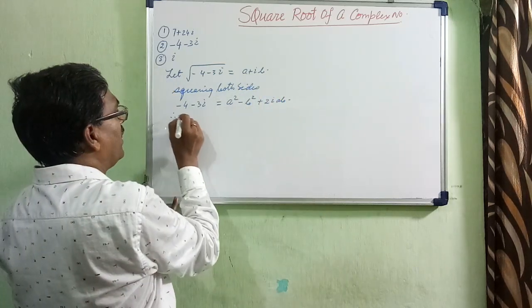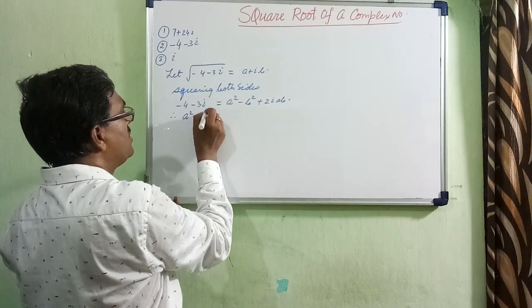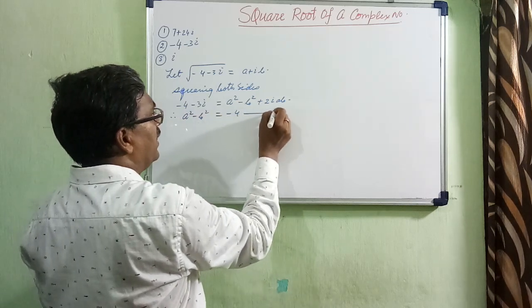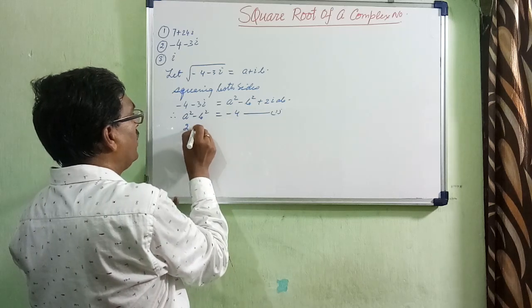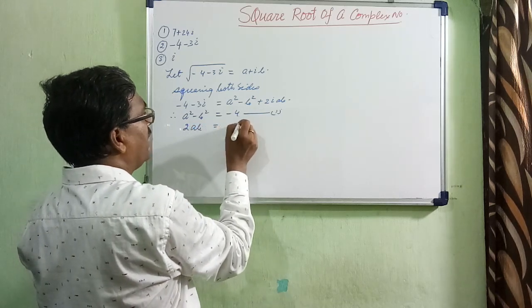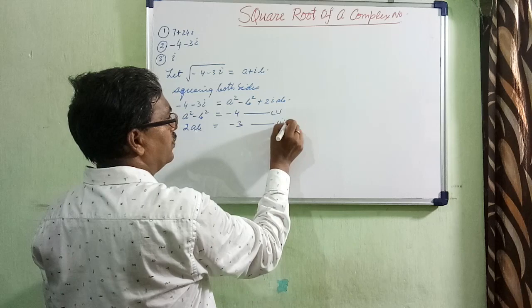Now, therefore, comparing: a square minus b square is equal to minus 4, equation 1, and 2ab is equal to minus 3, equation 2.